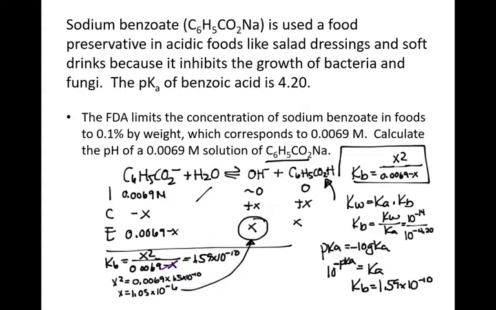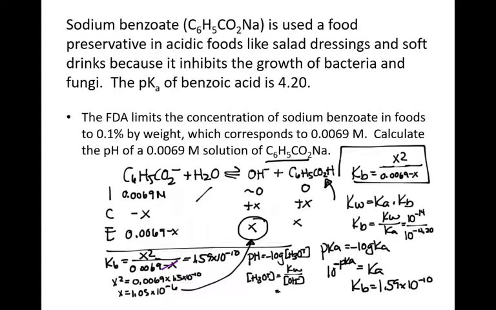If we want to know the pH of the solution, we need to know the H3O plus concentration. We remember that the OH minus concentration equals Kw divided by the H3O plus concentration. Oops. And the more useful version of that would be that the H3O plus concentration equals Kw divided by the OH minus concentration.